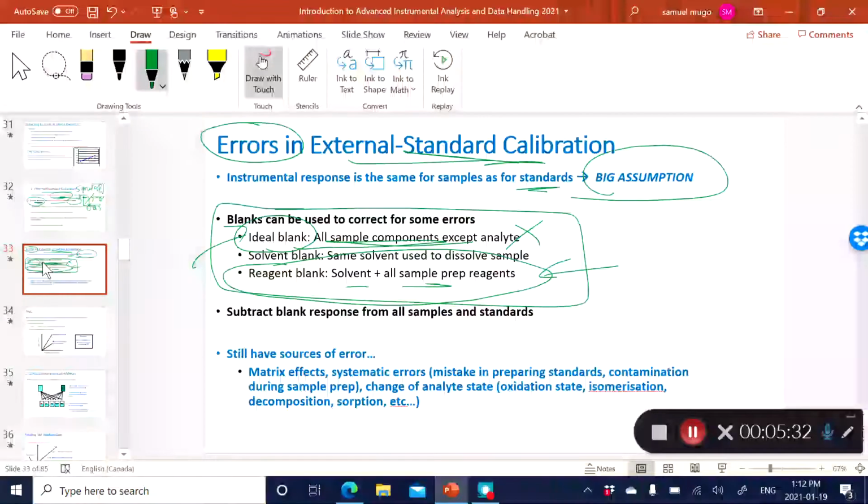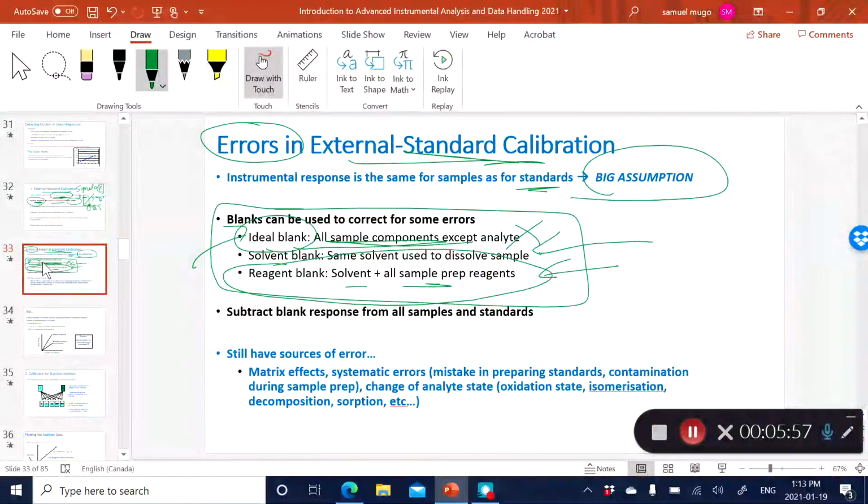And so you would find that the most efficient route, especially if you don't have a very complex environment, is where you just simply use a solvent blank, meaning you just take the solvent that was used to dissolve the sample and you use that as your background. But of course, it's not an ideal situation because it won't correct for the matrix effects.